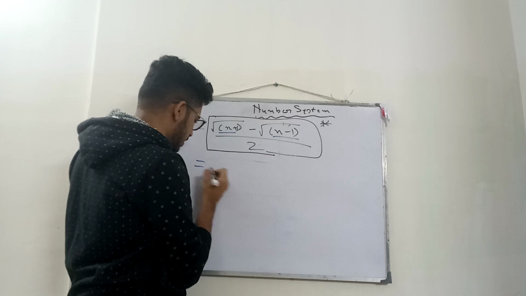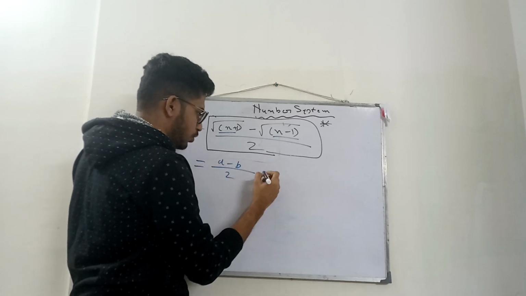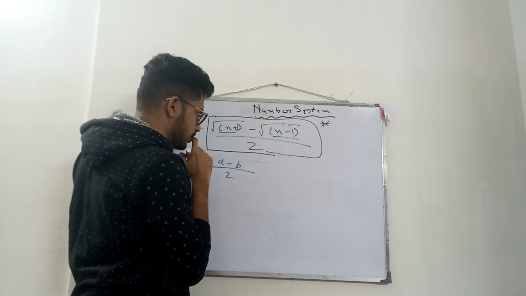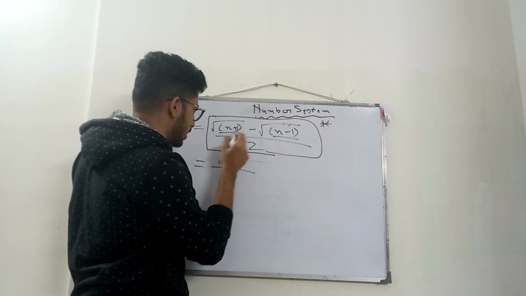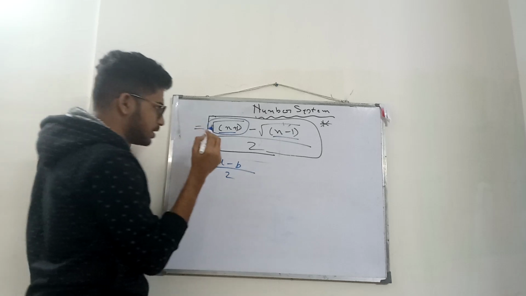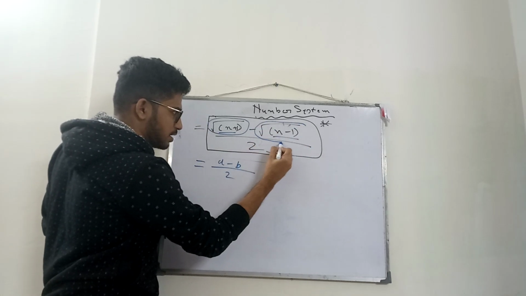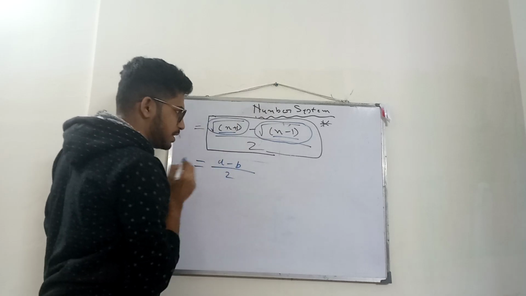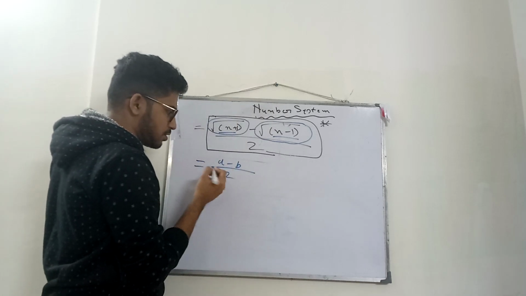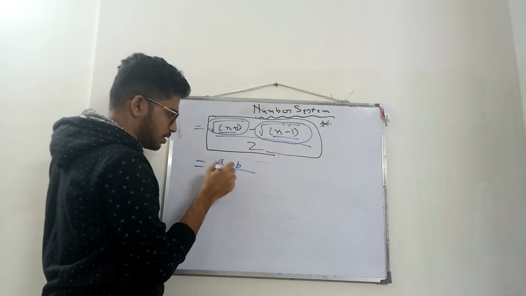They are trying to say a minus b by 2. A means this whole part is the a, and this whole part is the b, and this is 2. We all know a minus b by 2.